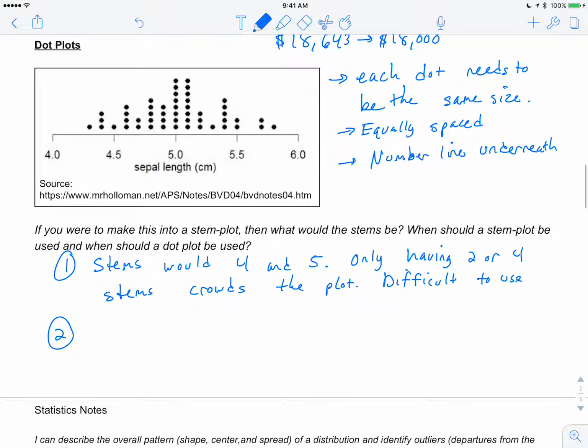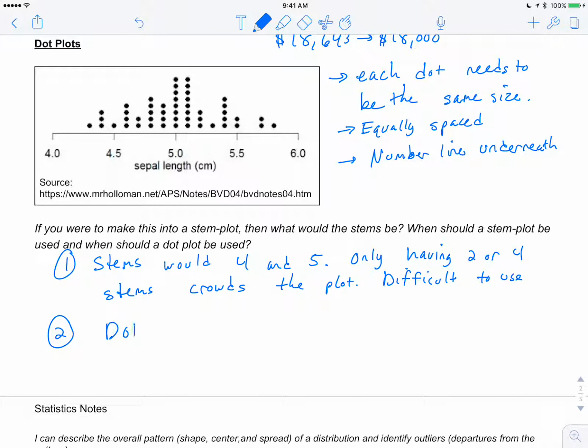Second thing I would say, dot plots are simply better at accommodating larger data sets. Let's back that up here. Dot plots are better at accommodating larger data sets.